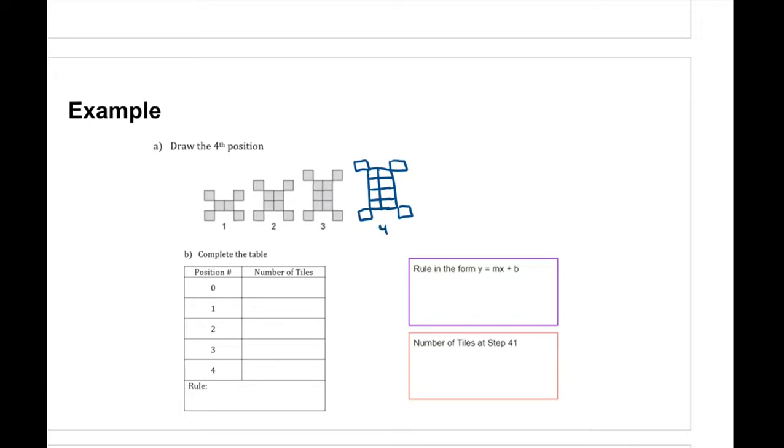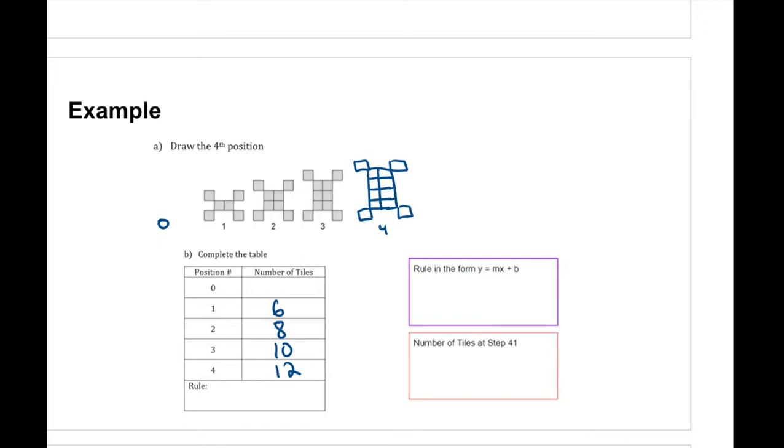Now let's come up with our table. At position 0, I don't know yet, but position 1 I know for sure is 6, and then 8, and then 10, and then 12. So what would position 0 be? What would it be if I went back to position 0?